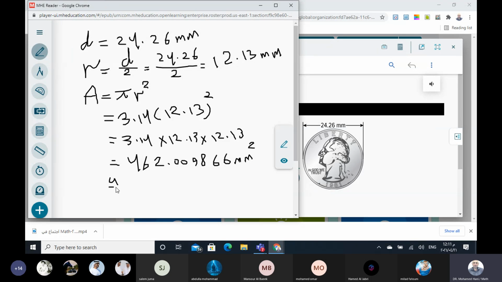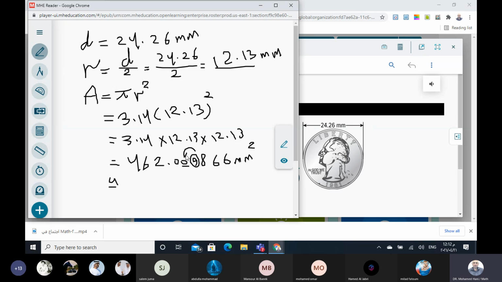If you want to do rounding, we divided 24.26 by 2, then the answer is 12.13. Yes, correct. Okay, this is the hundredths. Look to the right: the number 9, 5 and up.